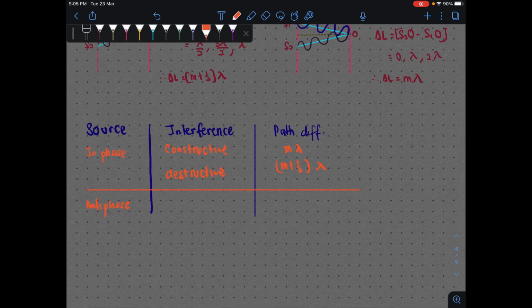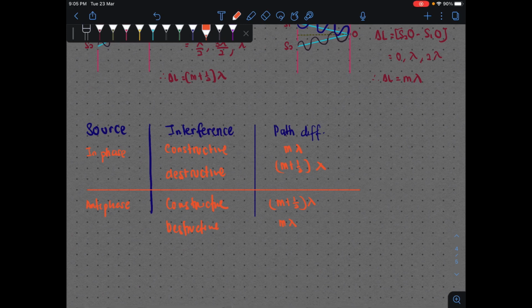So sama juga, kamu akan ada constructive dan juga destructive. Your equation here, the path difference here terbalik dengan yang in phase tadi. So untuk tadi in phase construct adalah m lambda, sekarang antiphase construct akan jadi m plus half lambda, whereas your destructive antiphase become m lambda.